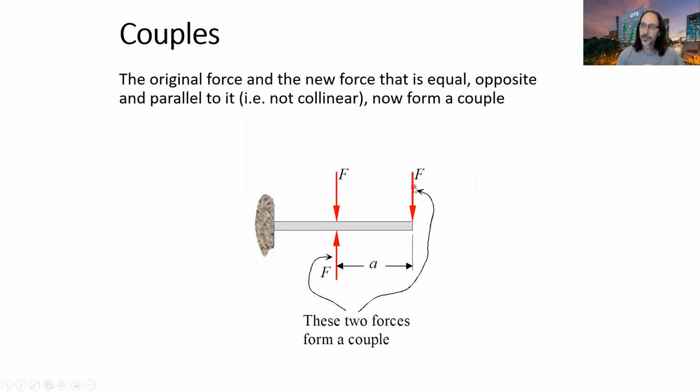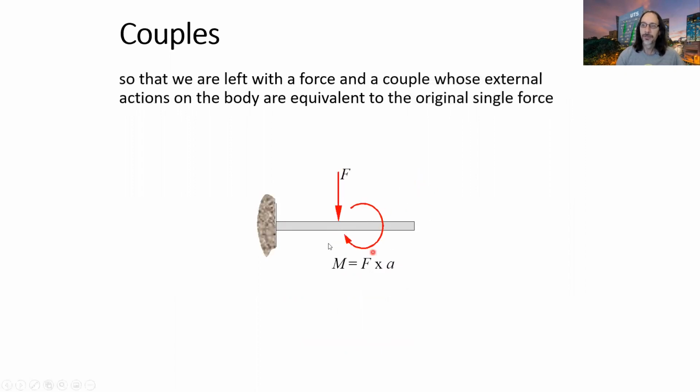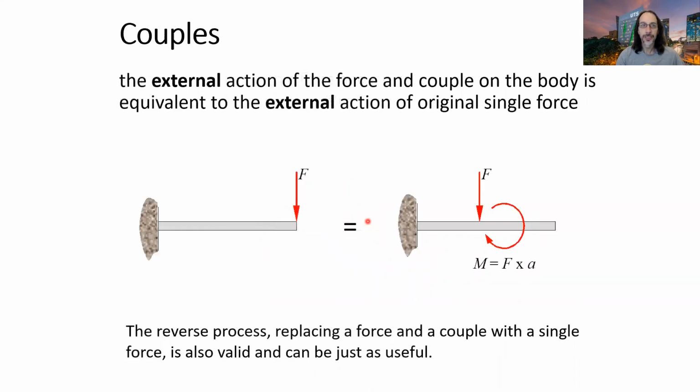So if we replace this couple, or these two forces that form a couple, with the arc with an arrow on it that represents a moment or a couple, equal to force times the distance between them, right? So the magnitude of our couple is now equivalent to what we had before, in terms of external effects.